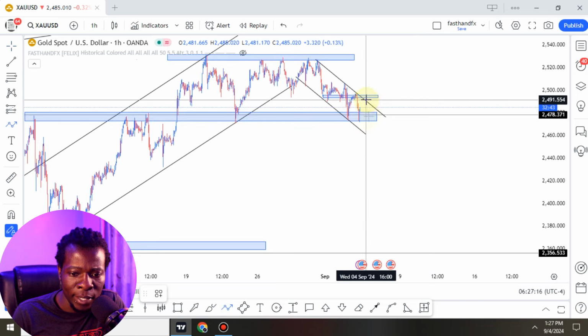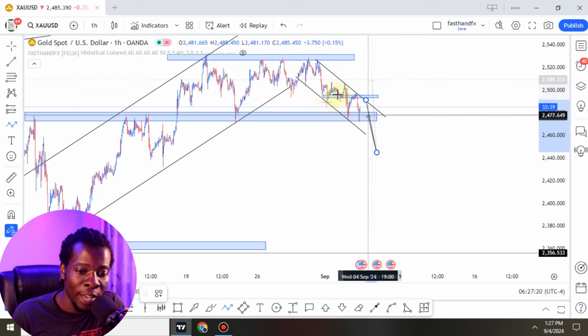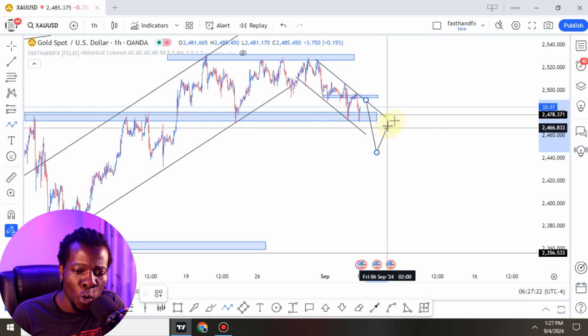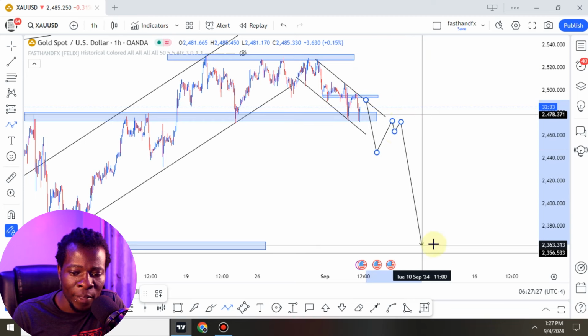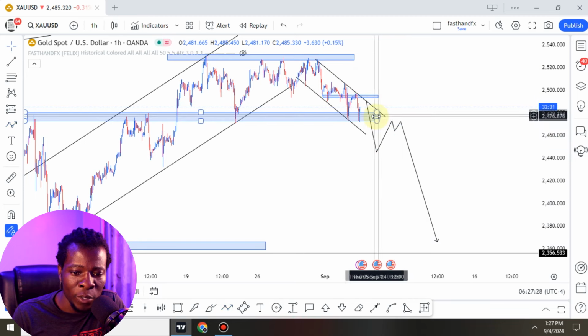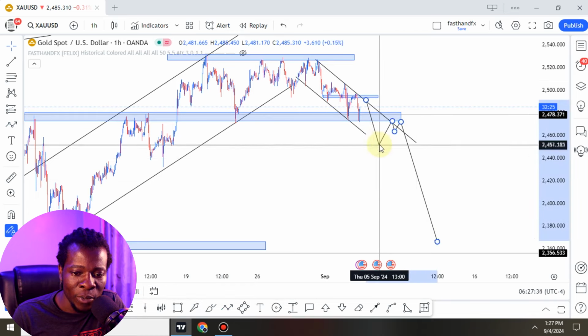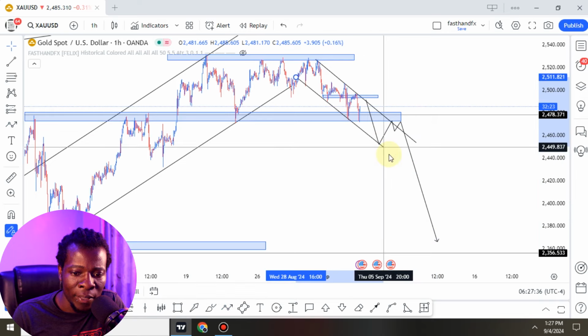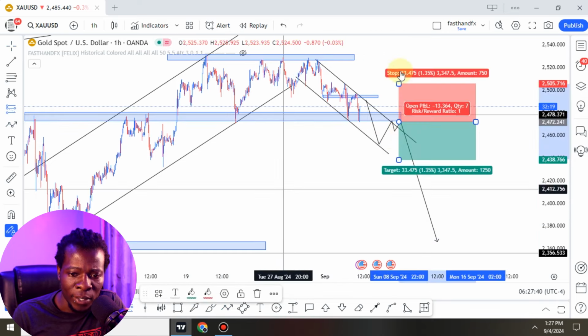Make sure the market does this, breaks, and then remember we're still in a downtrend. We have a trend right there. Let the market go back with a retest, something like that. Then you continue to ride the wave, because if I extend this, guys, remember we also have this trend right there. So you see, it makes sense. Let the market do that, and I think that will be the easiest way to take your sell position.